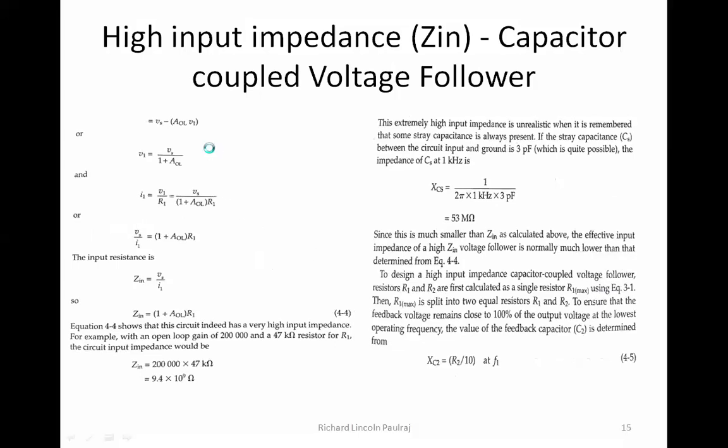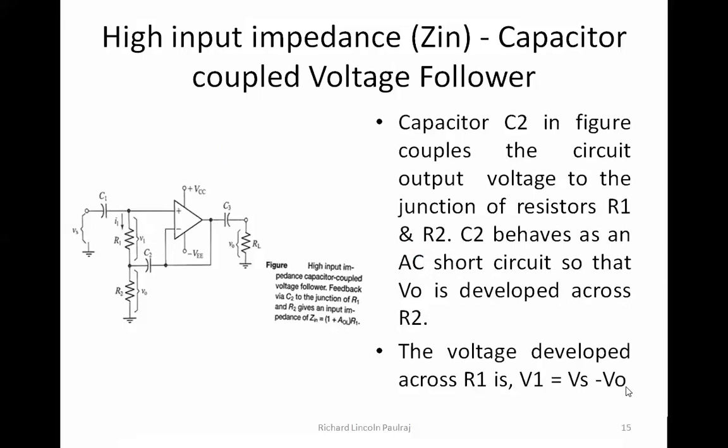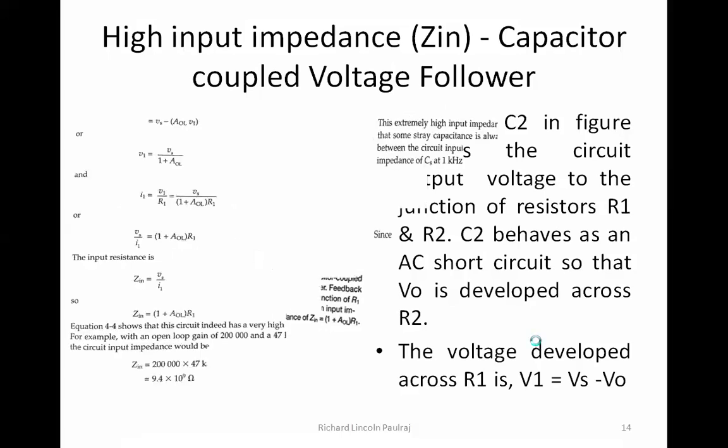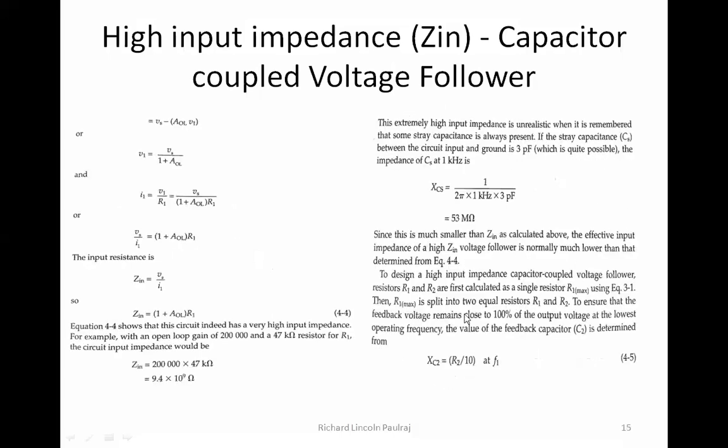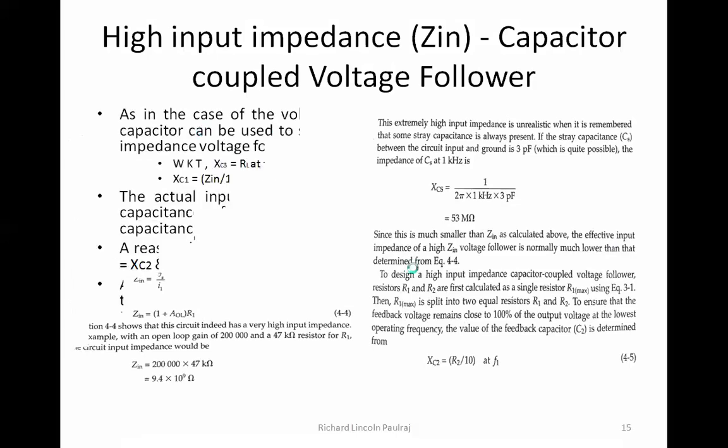We can also mention V0 as an amplified version of the input. Yes or no? What kind of amplification are we looking into? Open loop or closed loop? Open loop, right? So V0 is AOL into V1, where V1 here is my input.